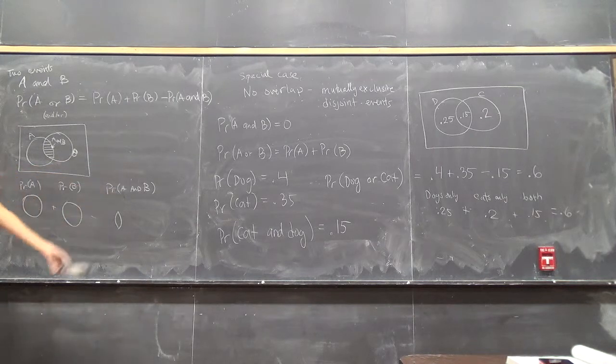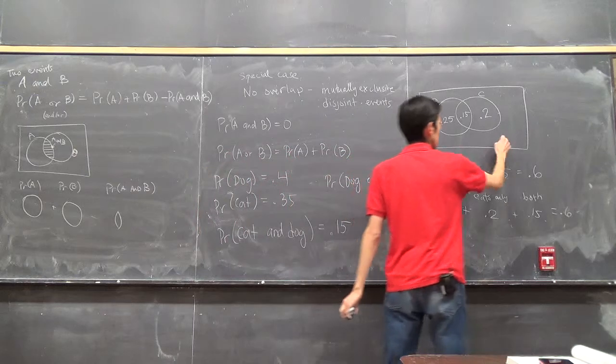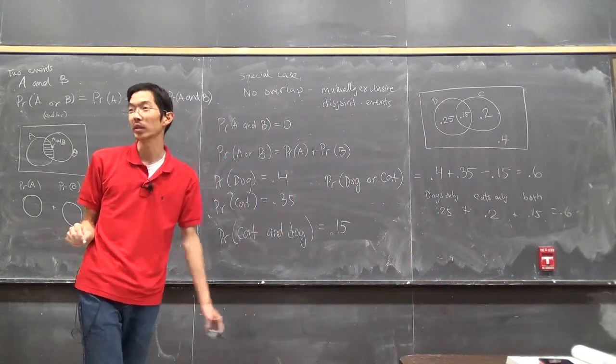Okay. So what percentage of households have neither cat nor dog? No cat and no dog. 40%, 0.4, because everything adds up to 1.